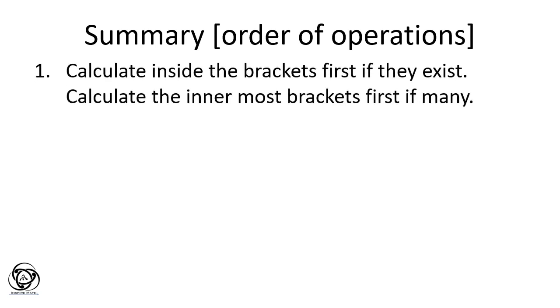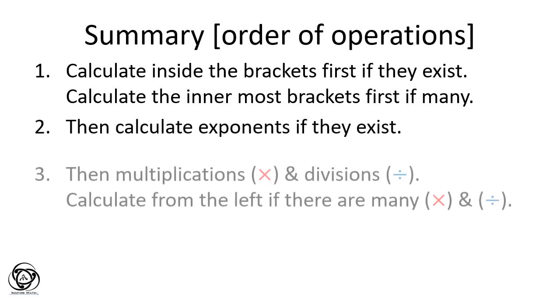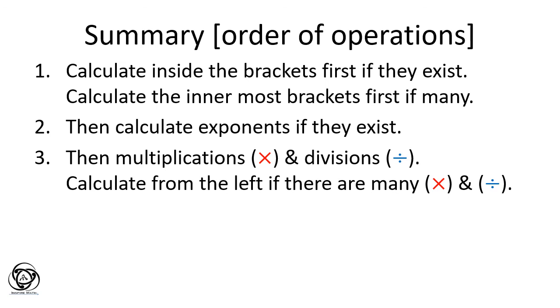Let's summarize today's lesson. First of all, calculate inside the brackets if they exist. Calculate from the innermost brackets if there are many brackets. Then calculate exponents if they exist. Then calculate multiplications and divisions. If there are many multiplications and divisions, calculate from the left to right.